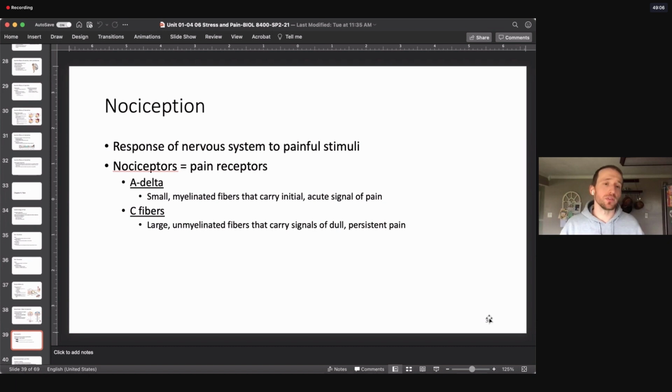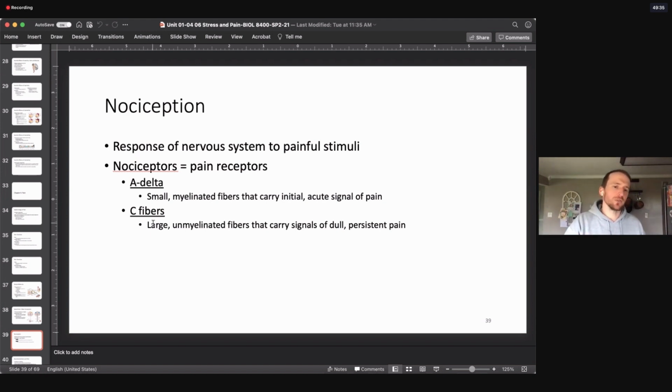So what kind of information is triggering the reflex arc? This is the idea of nociception, which is the sensation of noxious stimuli, messages that convey pain. Nociceptors are pain receptors, and two examples are the A delta fibers and the C fibers. A delta fibers are small and myelinated, so they send that initial acute signal very quickly, a very fast message.